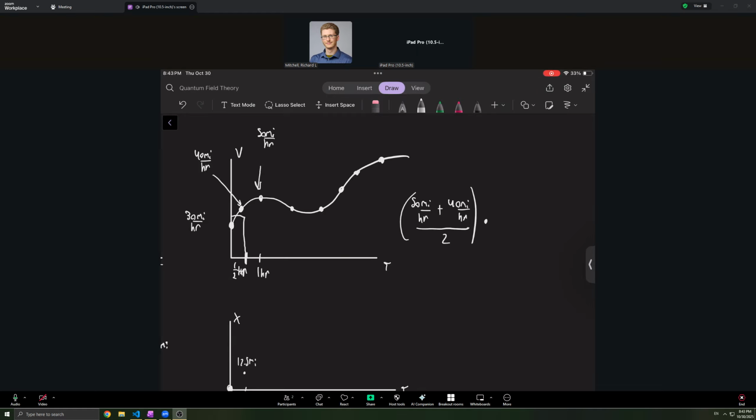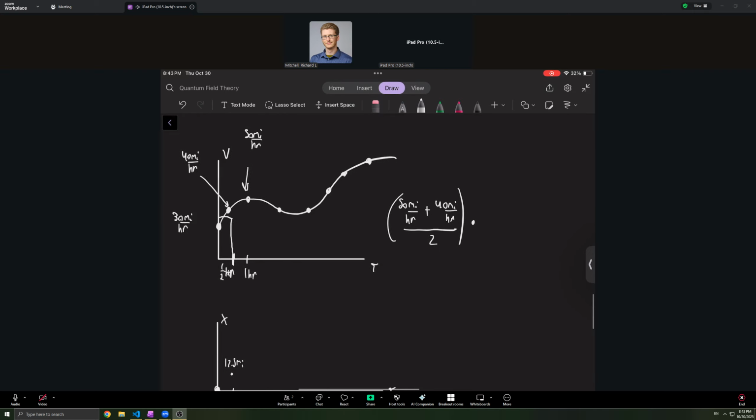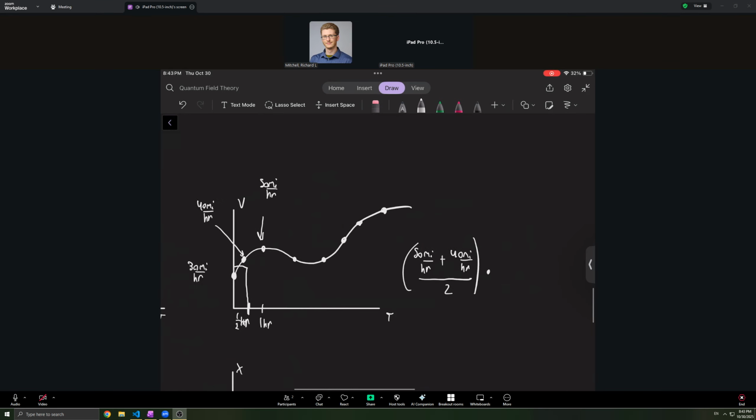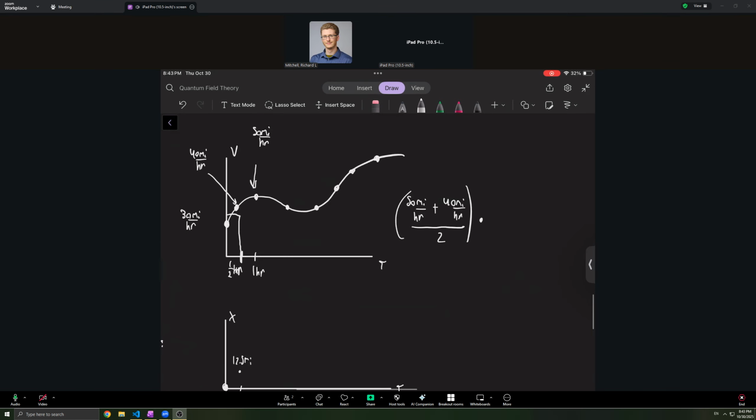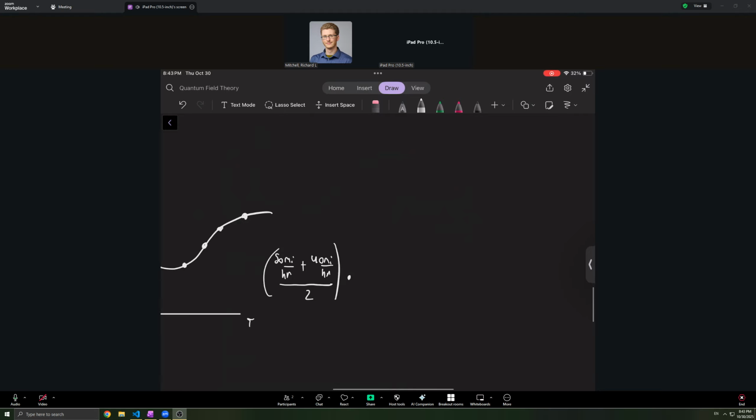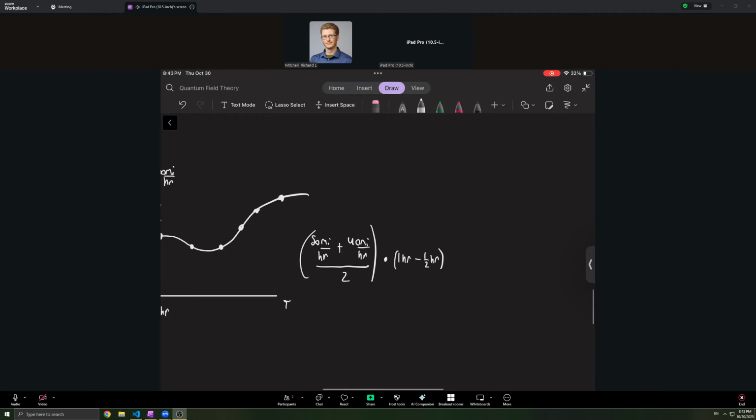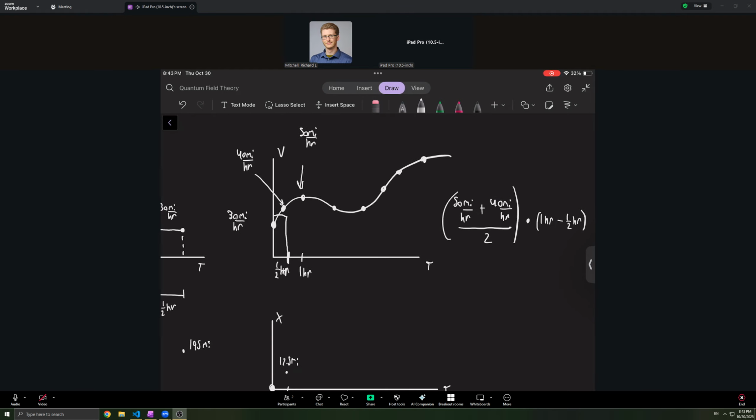But I'm actually going to write out the full calculation. Implicitly in my head, I'm doing 1 hour minus half an hour, because I want this little time span.